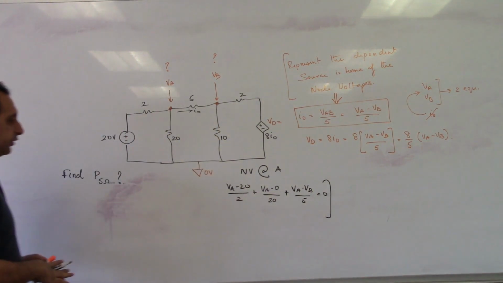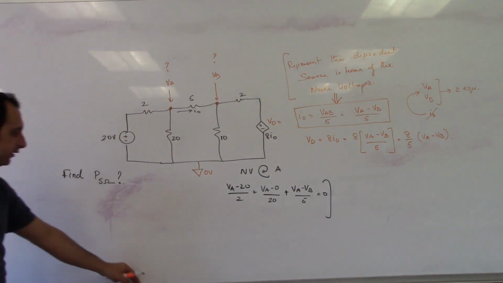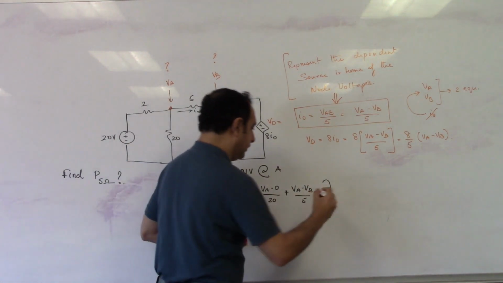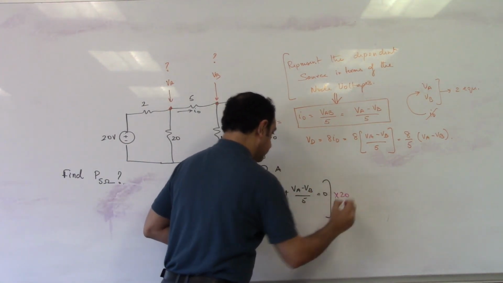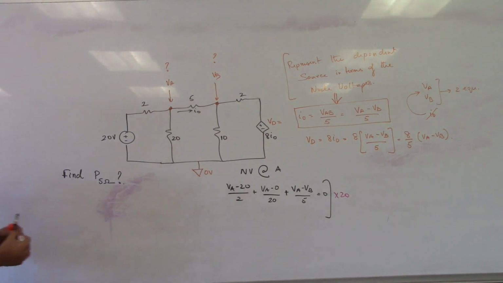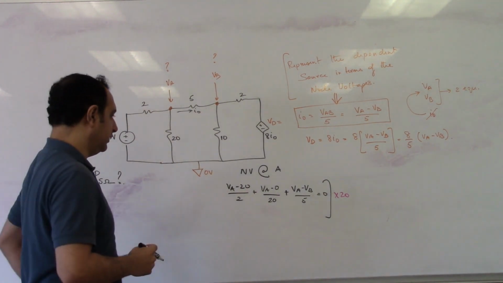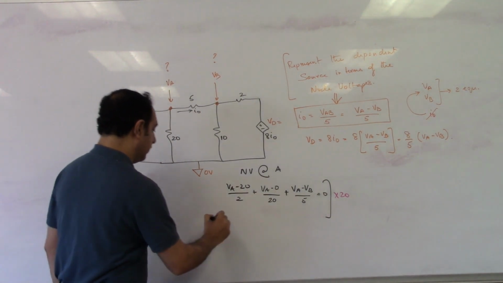To get rid of the highest denominator, I'm going to multiply this whole thing by 20. That way we get an equation that does not have a denominator.